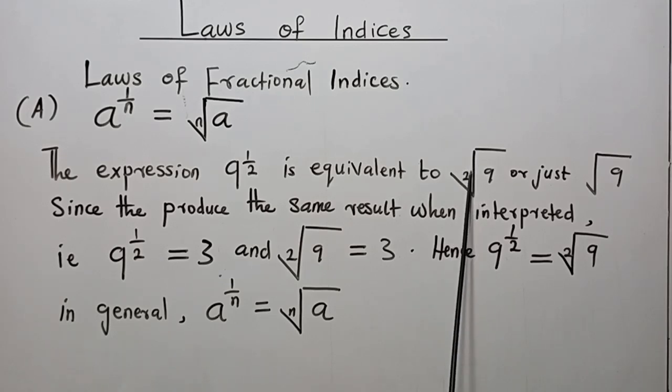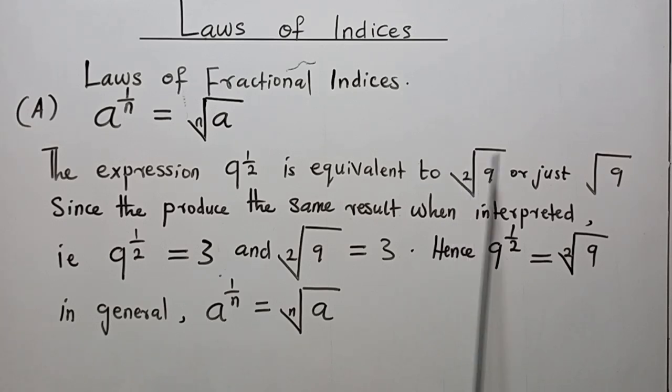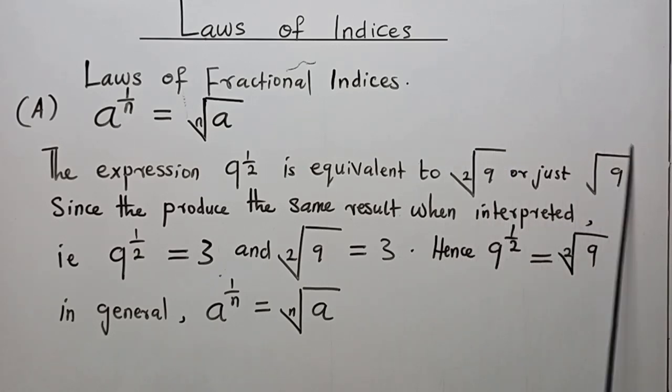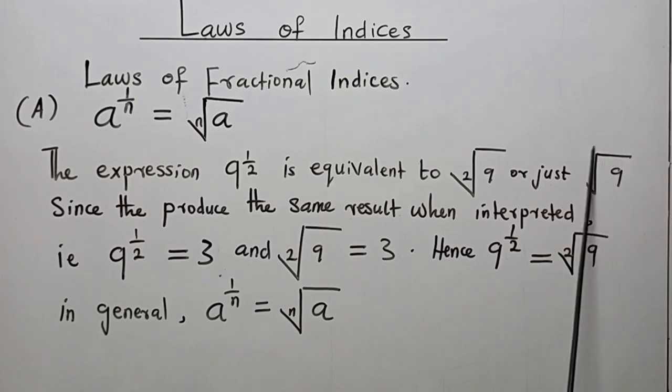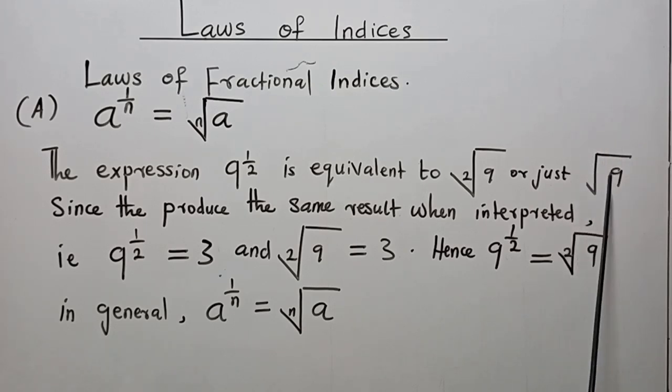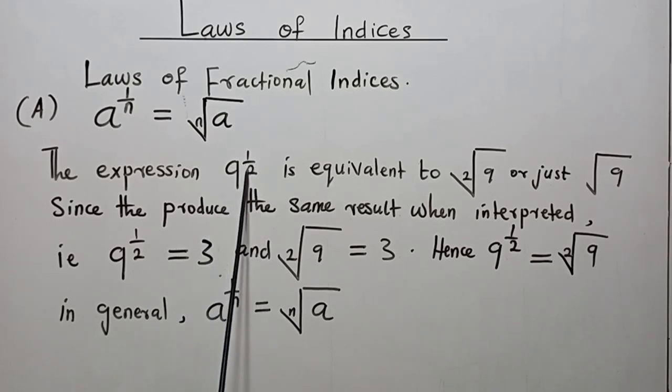But because square root is the smallest of all the roots, we can choose to ignore it. So if you want to write square root, it is either like this with 2 here, or just this sign without anything. Alright, so we now understand that this and this are equivalent.